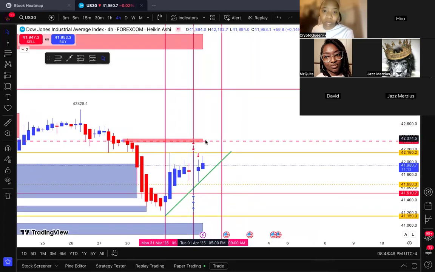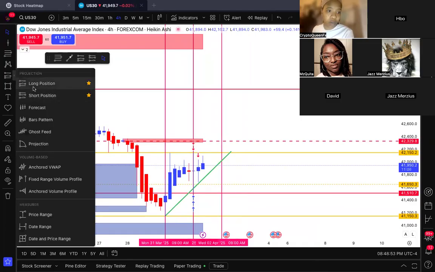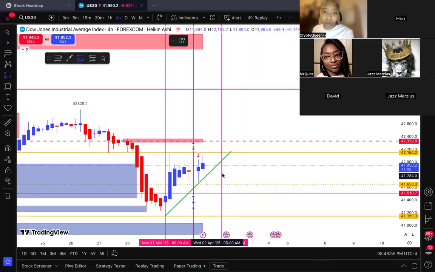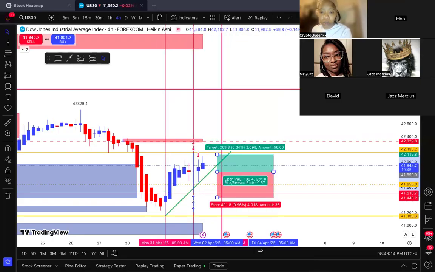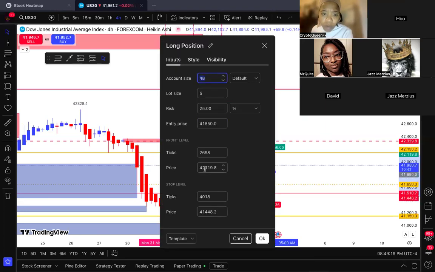But I wanted it to break this area right here because that's the order block. So if I got in at 41,850, the profit margin would be 360.